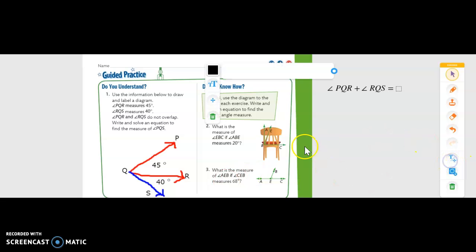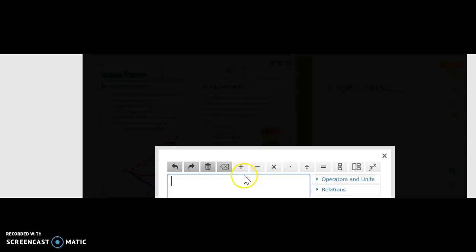And so to write with numbers, I could say 40 plus 45 equals, I'll give you a quick second to do that math.